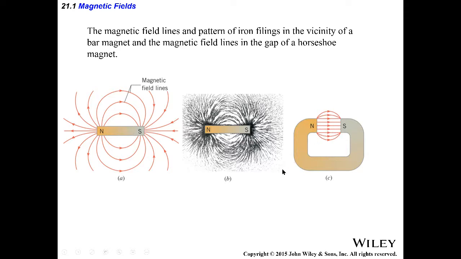All right, so this now gives you a sense of the difference between electric field and magnetic field, that the magnetic field is not so direct. The magnetic field sort of curves around.